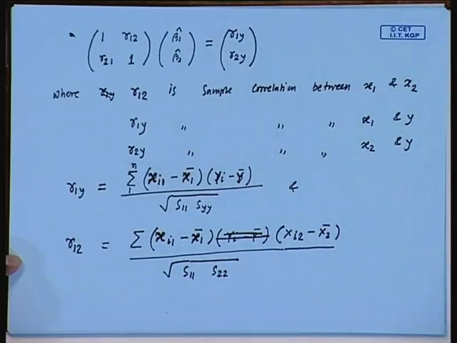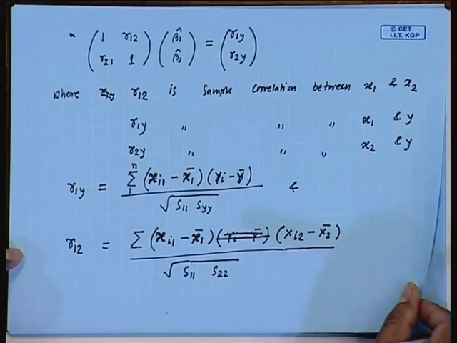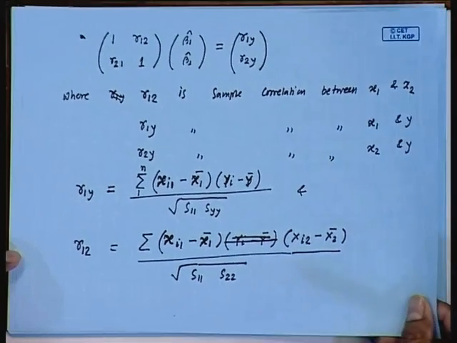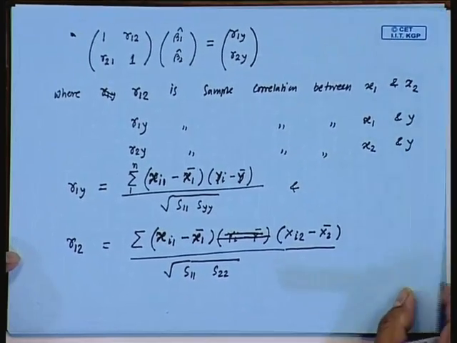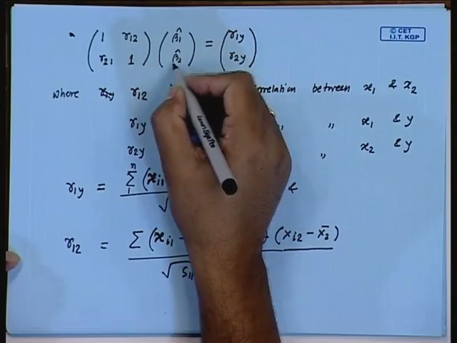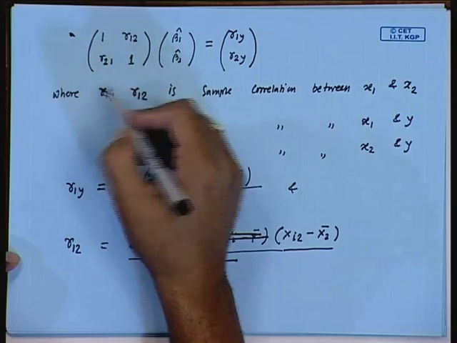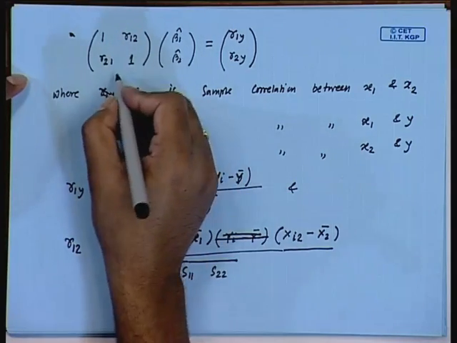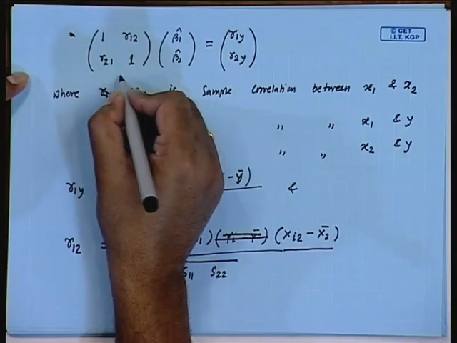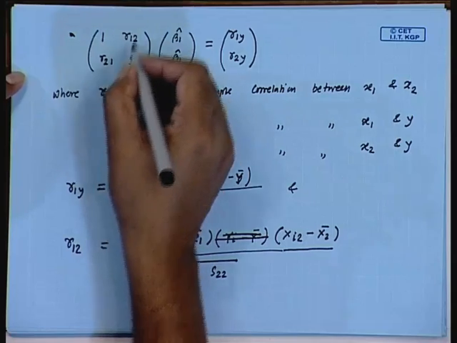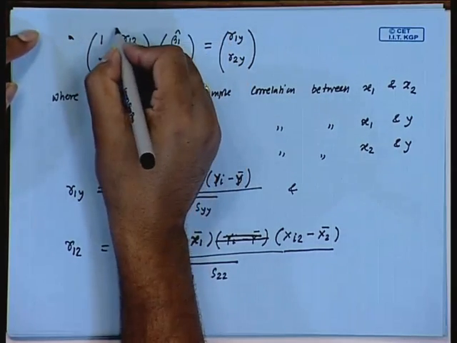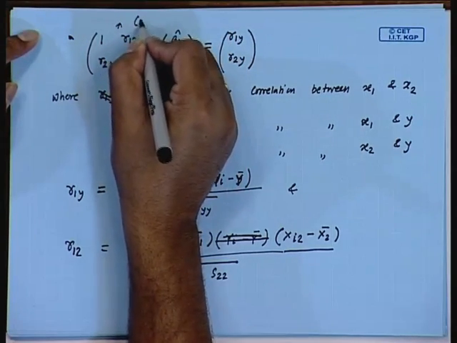That is the sample correlation between the regressors x1 and x2. Okay. Now, to get beta 1 hat and beta 2 hat, we need to compute the inverse of this matrix. This matrix is called the correlation matrix now. Okay, this X prime X matrix. This one is now called the correlation matrix.